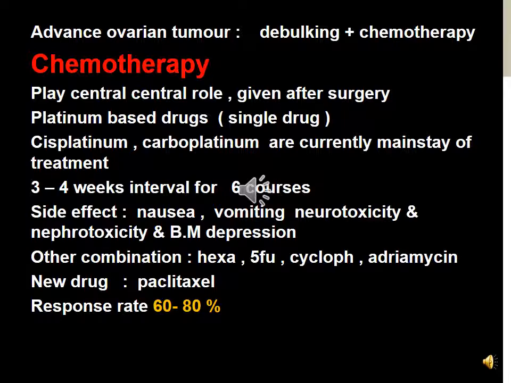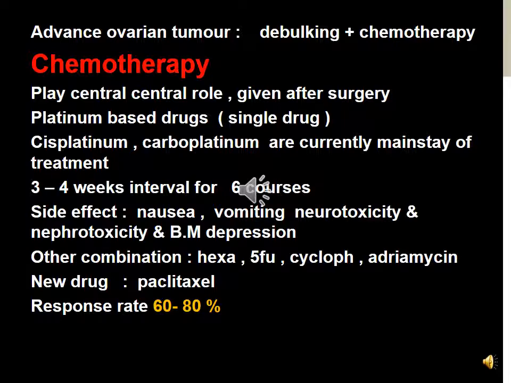The drugs are platinum-based, either cisplatinum or carboplatinum. We give the patient 6 courses, each course at a 3 to 4 week interval, because they are still not without side effects, and may cause neurotoxicity or nephrotoxicity.